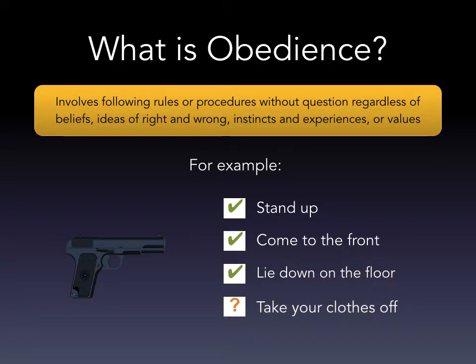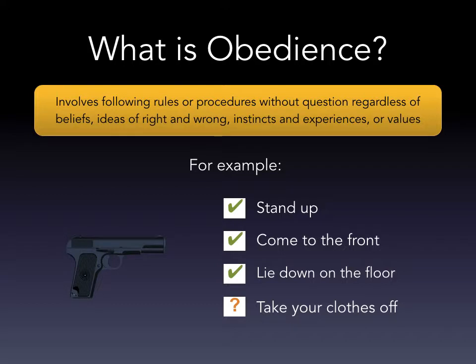It is at this point that the lecturer waits a moment and explains to the class that the refusal to take off their clothes is what has robbed her of her power. Her power rested in the student's willingness to obey and not the fact that she had a gun.